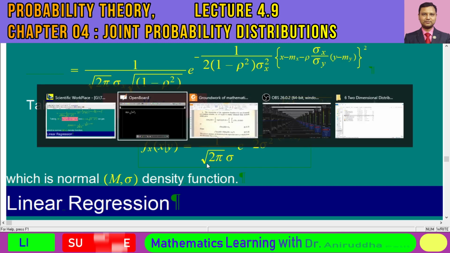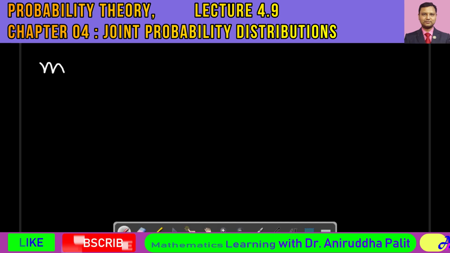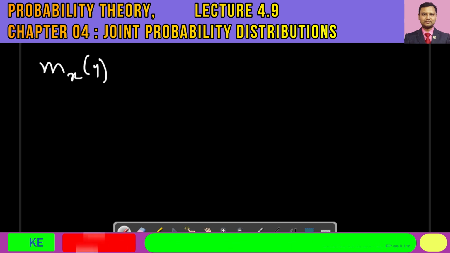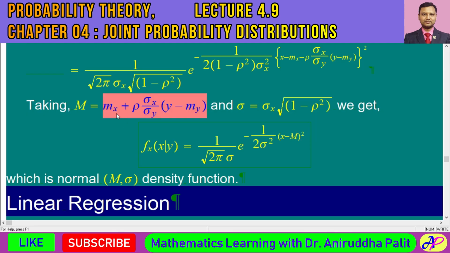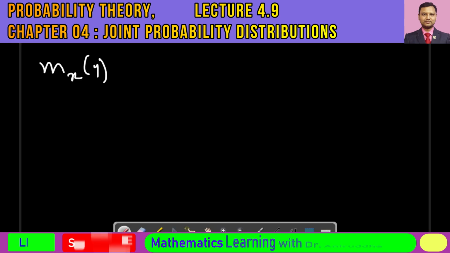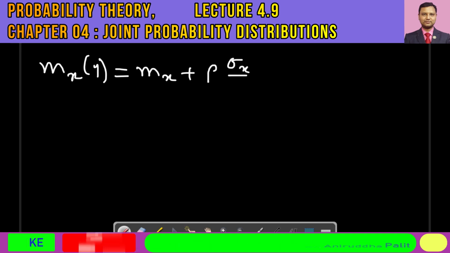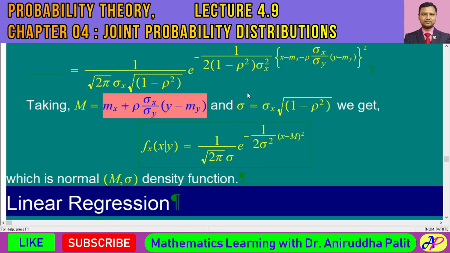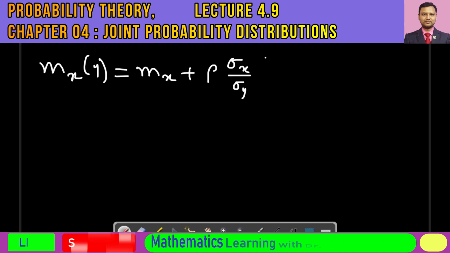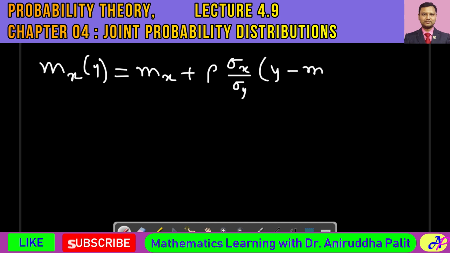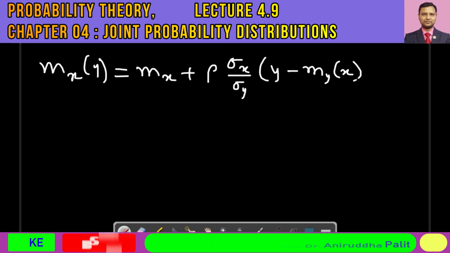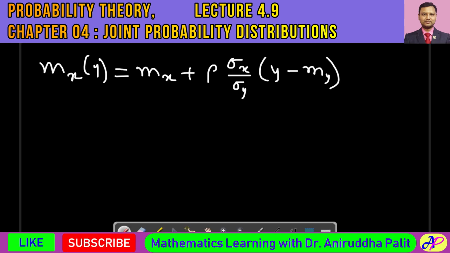So if we consider the conditional mean of x on y, let me just write the expression: m_x plus rho into sigma_x by sigma_y multiplied by (y minus m_y).